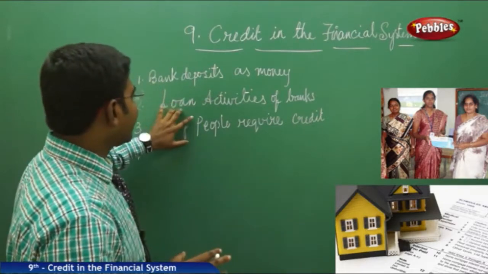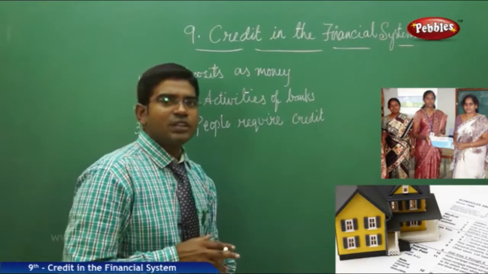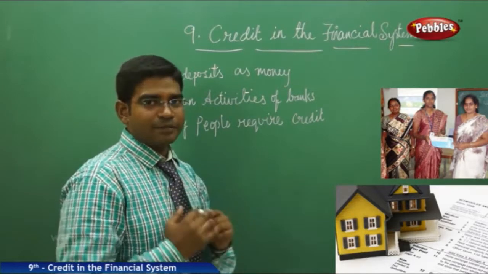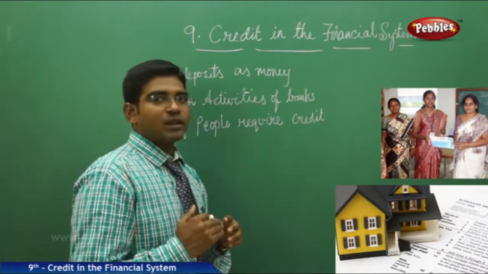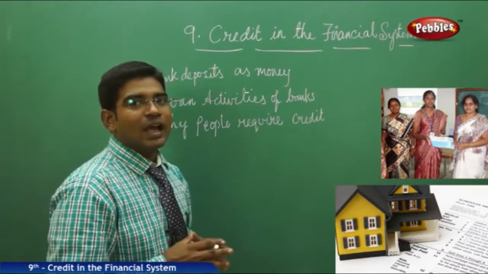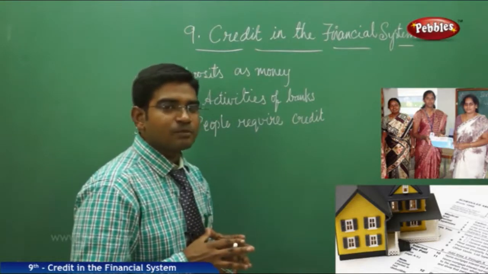Now moving on to the second activity, the loan activities of banks. The loan activities of banks are very important. In the modern era, the need for loans has increased. For example, take a farmer.